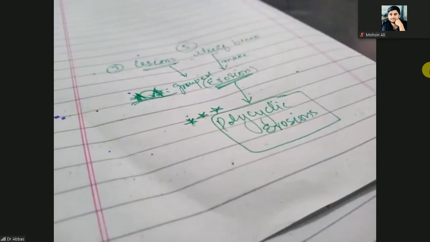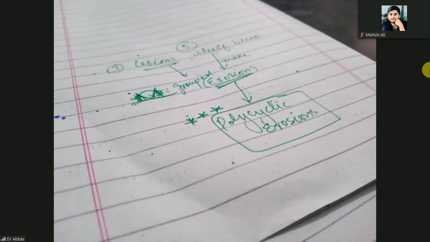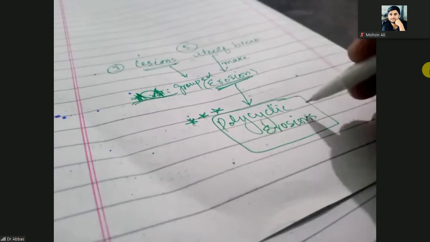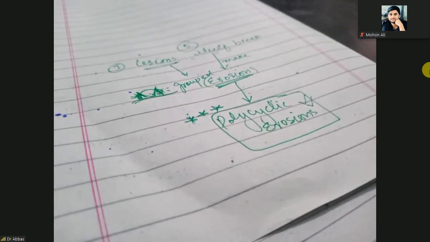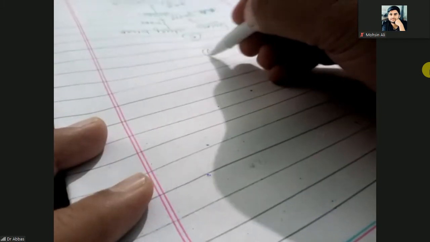A patient presents in the dermatology OPD and you find polycyclic erosions on the upper lip and lower lip, including the gum and oral cavity. These are suggestive of HSV1 infection.